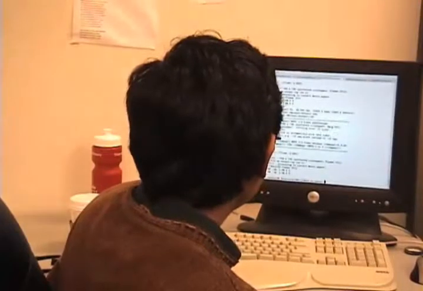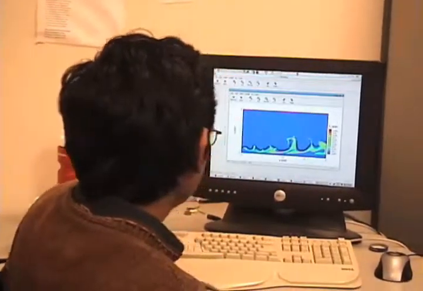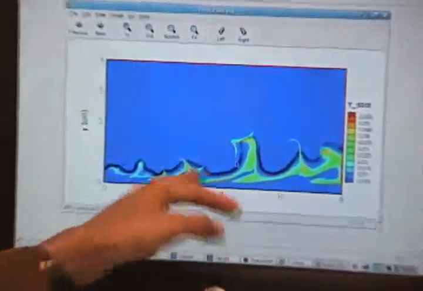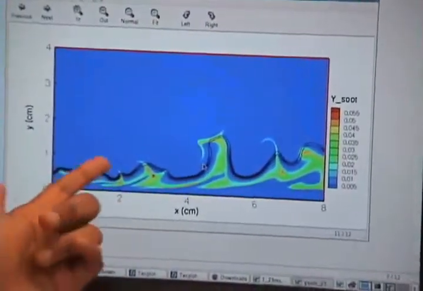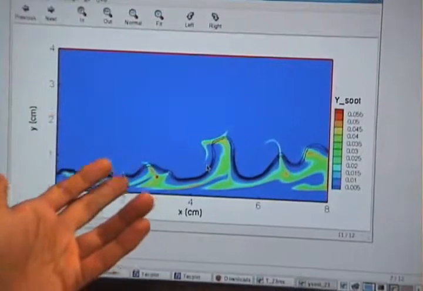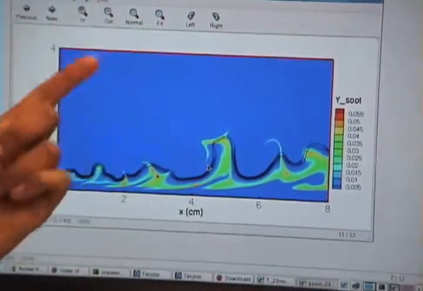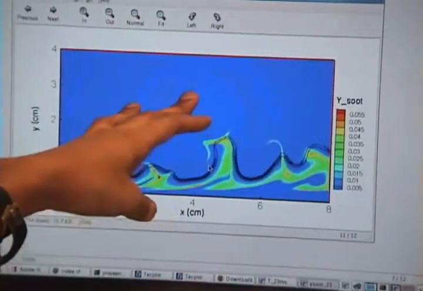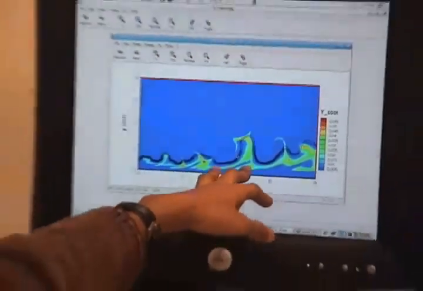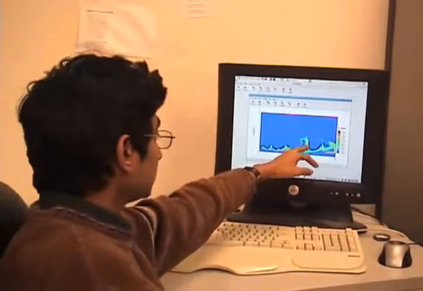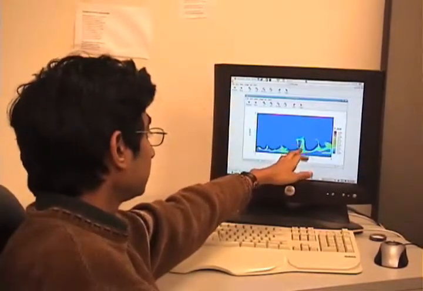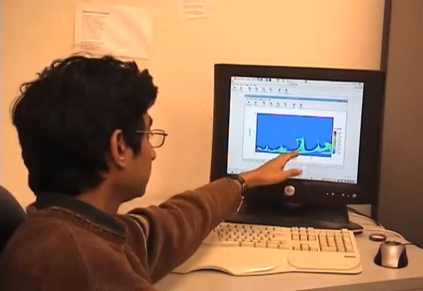And the next one I show is the soot field, the field of soot. So the red regions are regions where there is a lot of soot, and the green and blue, there isn't that much soot. And from this plot again, we see that most of the soot is produced near the flame and near the fuel region.